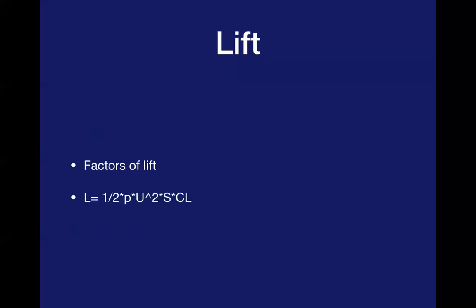So for lift, we also have a lot of the same components as the drag. Lift has to do with air density, velocity, viscosity, and the compressibility of the air, and then also the surface area, shape, and angle of attack play major roles in the lift of an airfoil.